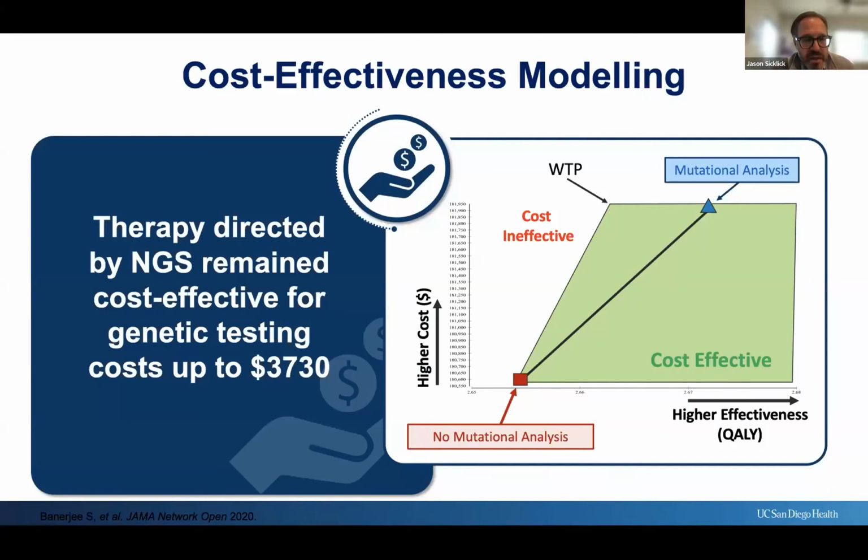And what it turned out was that there's been lots of concerns about the cost of genetic testing being the sort of barrier to obtaining genetic testing. And it actually turned out it was more cost effective to do genetic testing and tailor therapy based upon those results than just to give everybody the same treatment irrespective of what their mutation is, up to a cost of genetic tests of about $3,700, which actually falls beyond what most companies charge now, which is generally about $3,000 for genetic testing.